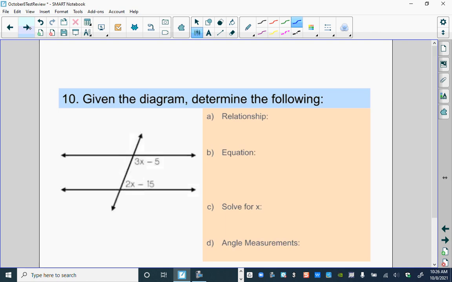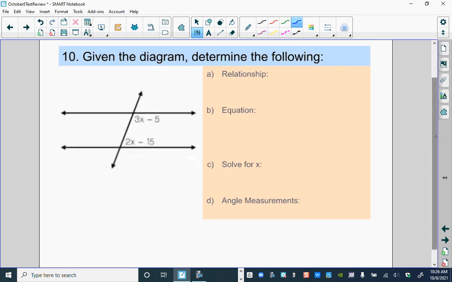All right. Number 10. This pair of angles. Who can tell us first the relationship? So number 10, what's the relationship we have going on here? Consecutive interior, very good. Des is right, that's a consecutive interior.